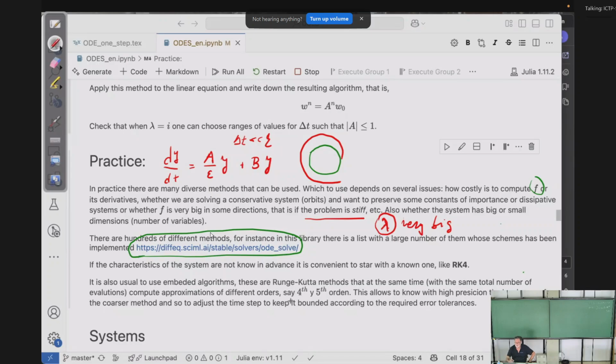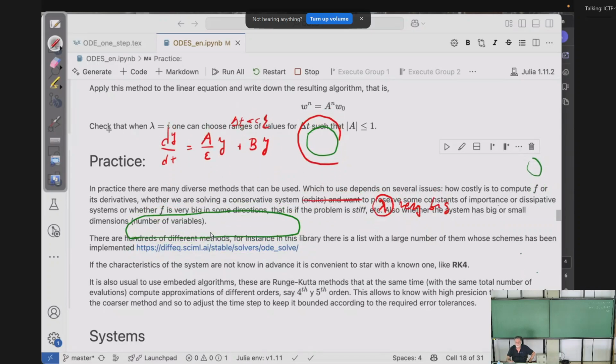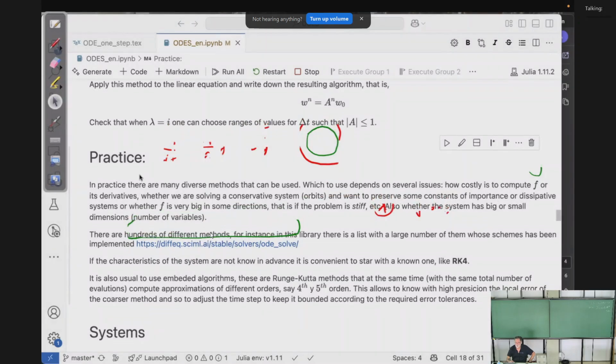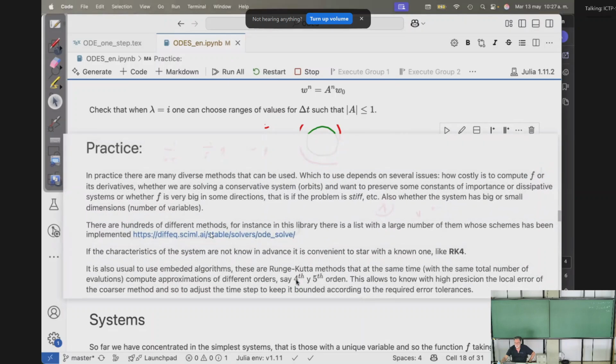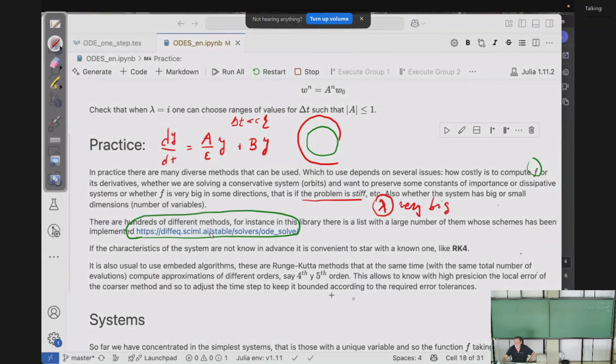Sometimes you use what are called embedded methods. Embedded methods have a Runge-Kutta of fourth order and another of fifth order, but the evaluations of f in this method are the same. So here you evaluate f 4 times, and here you need to evaluate f 5 times.